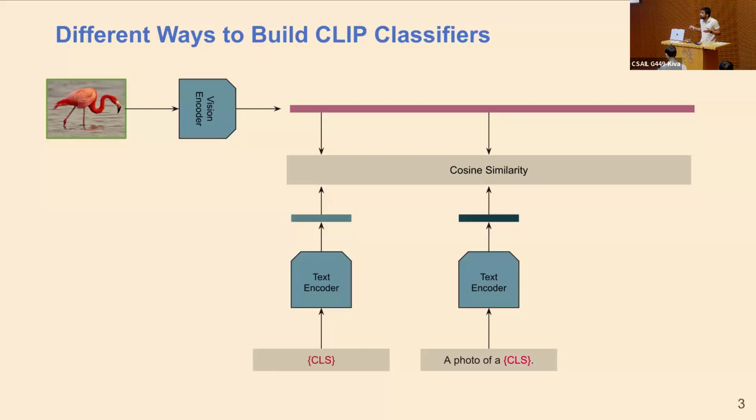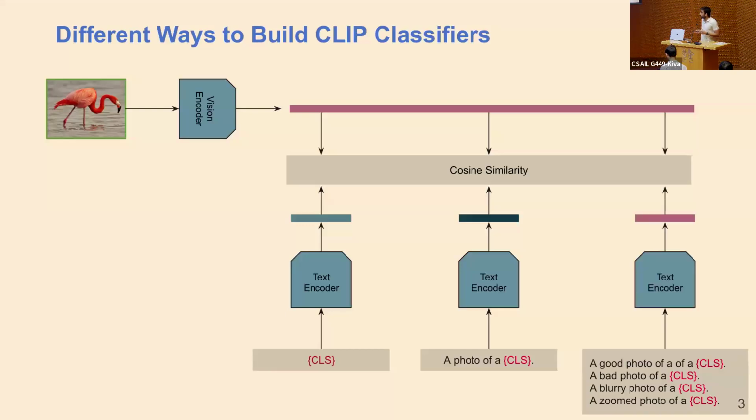Then you have another, slightly better way. The original CLIP paper showed that if you don't use just a simple class name, but use "a photo of a class name," you get a little bit better performance, somewhere like 1.4% on ImageNet, which is quite a lot actually.